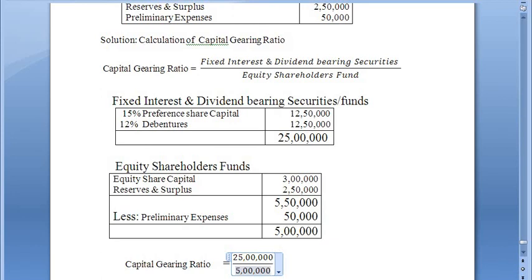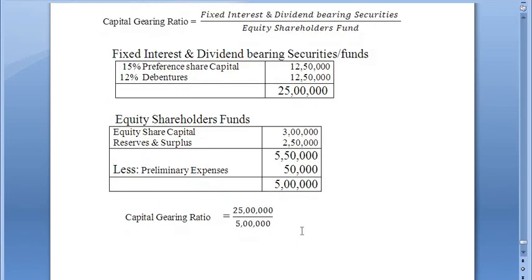Okay, so 25 lakh divided by 5 lakh is equal to 5:1. Okay, 5 lakhs are 1, 5 lakhs are 5, 25 is 5. So write 5:1. Okay, so this is the capital gearing ratio. Okay, I hope you understood this calculation.